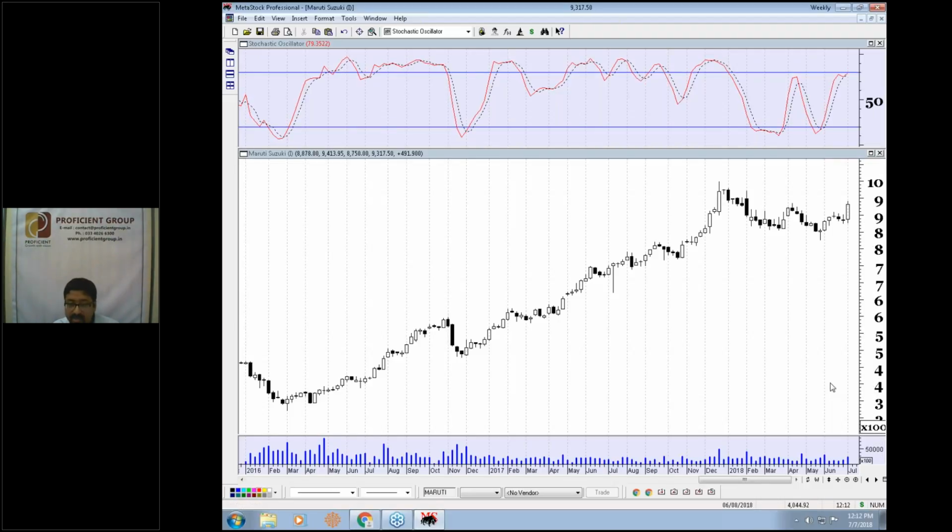Now you can see the higher bottoms, and last week saw some extremely strong movement on the part of the bulls, and it tore away all the resistance of some 9,000 region and closed at 9,370.